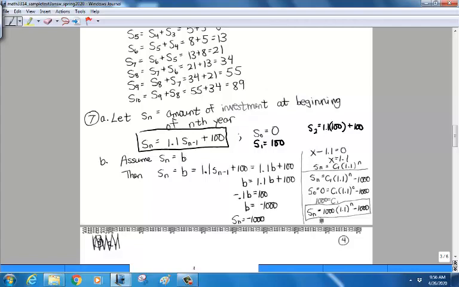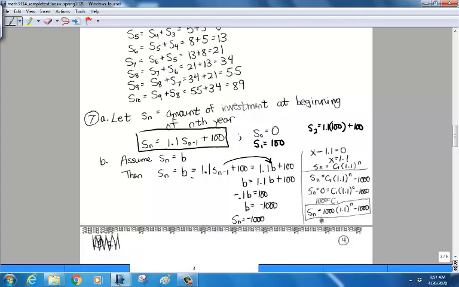But you're assuming that your solution is constant, so that means S sub n minus 1 is also the constant b. So where you have S sub n minus 1, you can also plug in b.